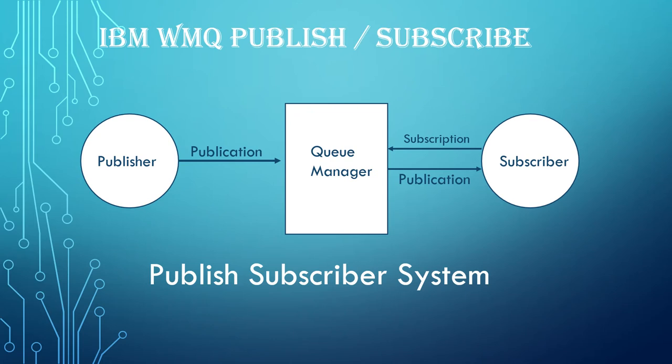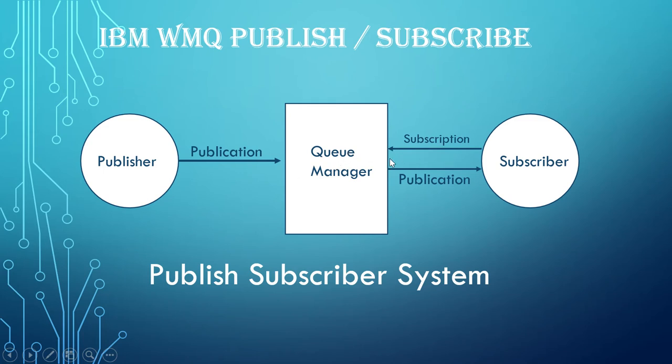So friends, here is the publish subscribe system. In this figure, we can see one publisher, one queue manager and one subscriber. A subscription is sent from the subscriber to the queue manager and a publication is sent from the publisher to the queue manager. This publication is then forwarded by the queue manager to the subscriber.